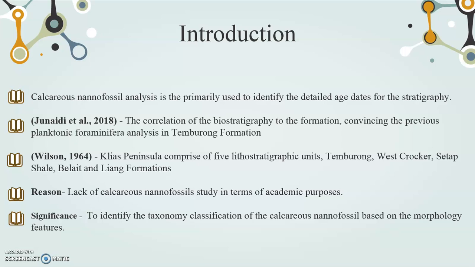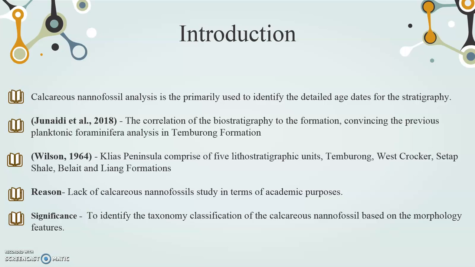This analysis is primarily used to identify the detailed age dates for the stratigraphy, and the Pulias Peninsula is the study area that comprises 5 lithostratigraphic units: Temburong, West Crocker, Setap Shale, Belait, and Liang formations.